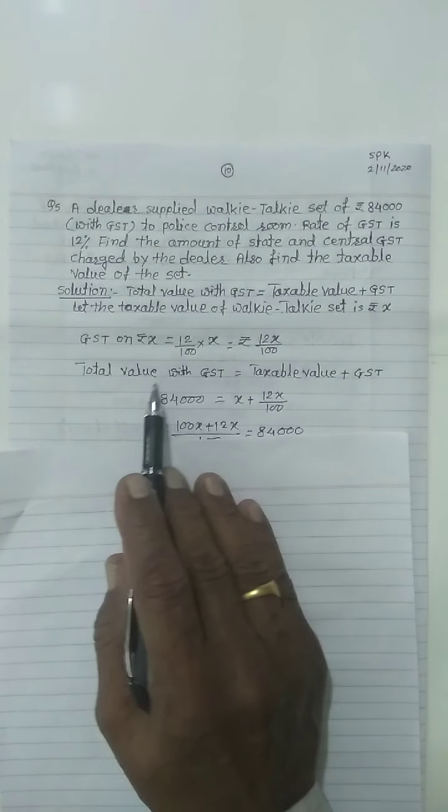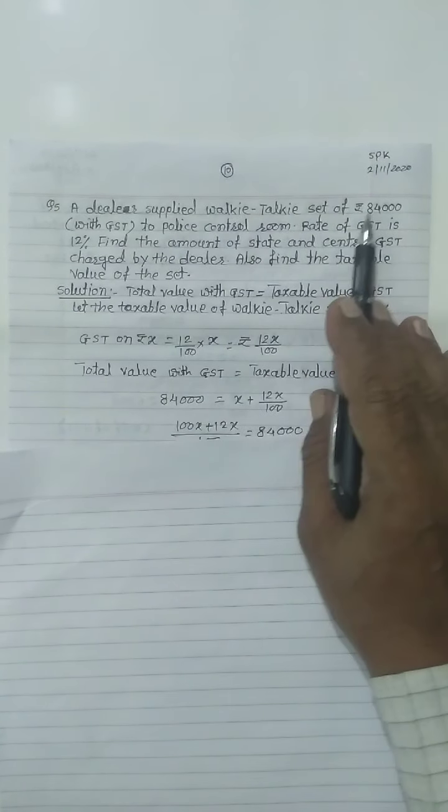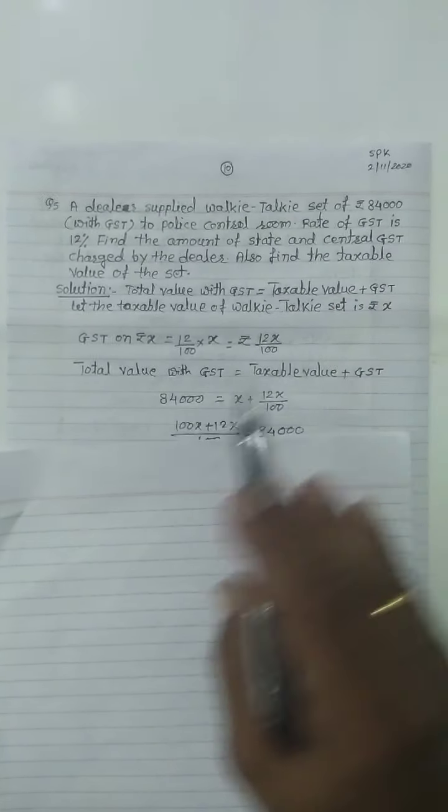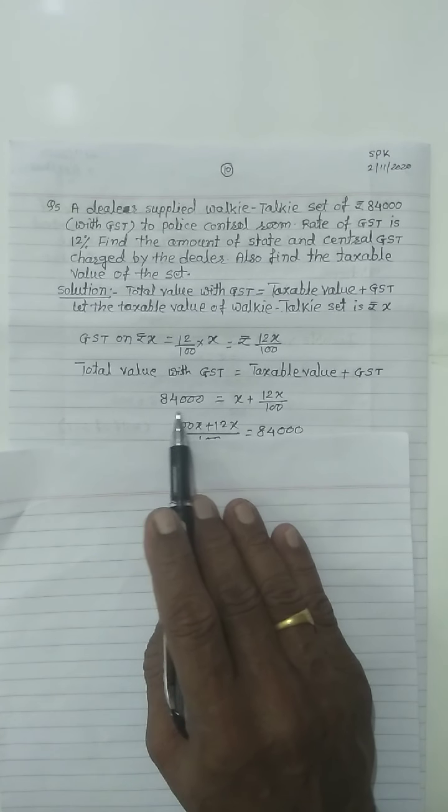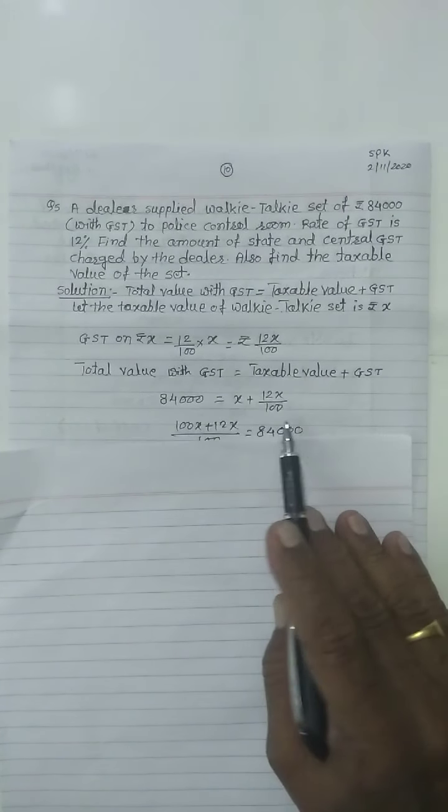Total value with GST is given 84,000. Written here 84,000 equal to X plus 12x divided by 100.